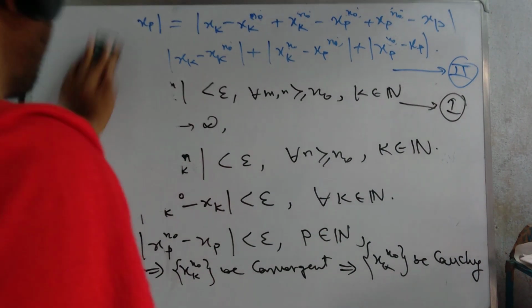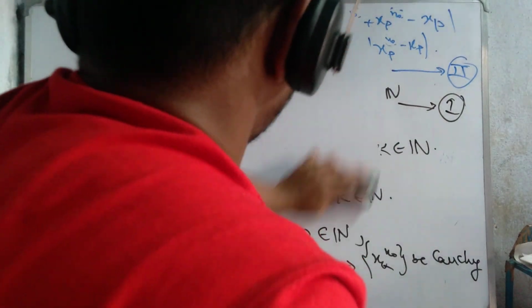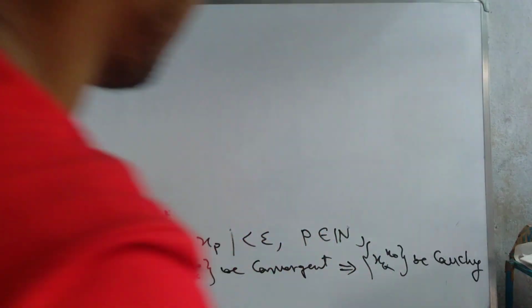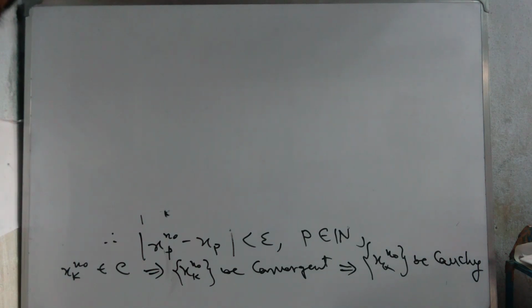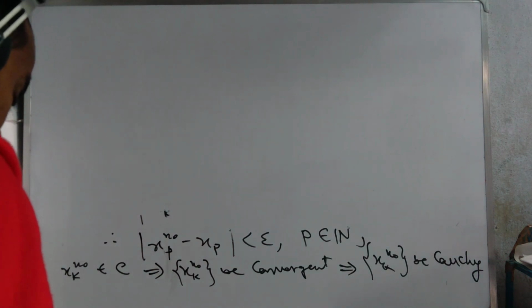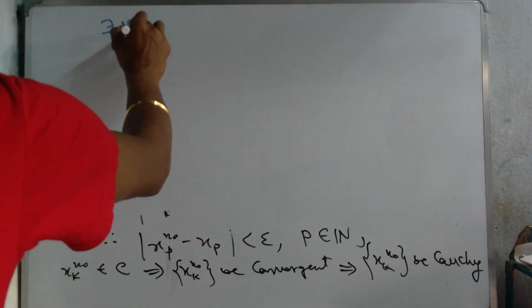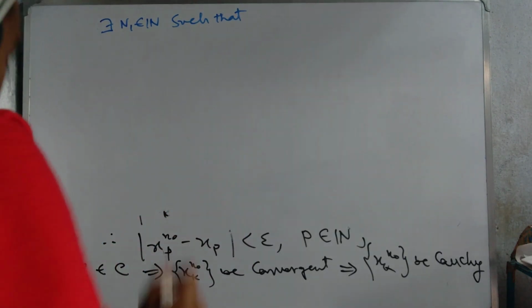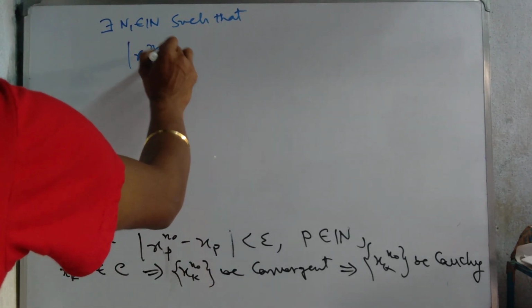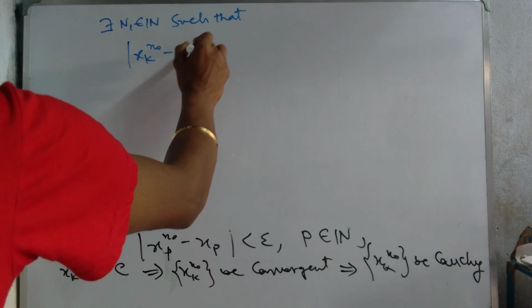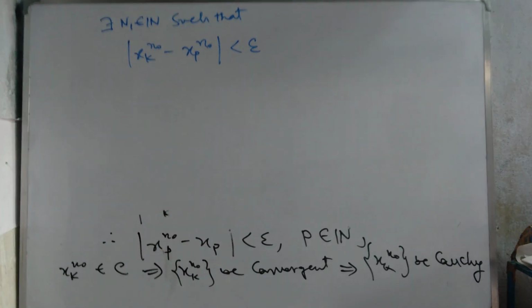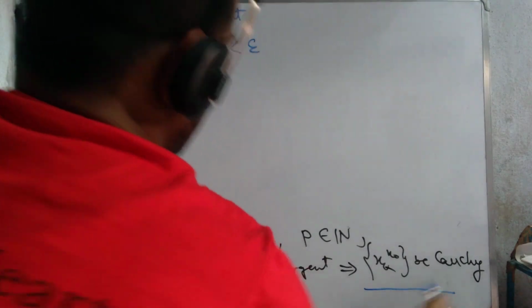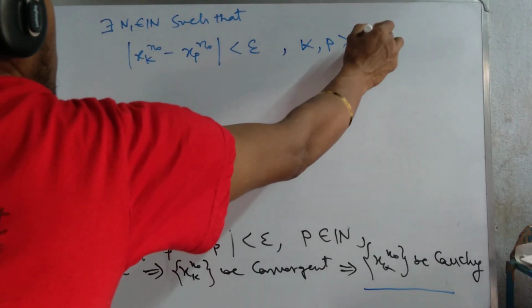Then what happened? We erase some portion and go on to further discussion. So here there exists an n1 belonging to the natural numbers such that |x_k^(n0) minus x_p^(n0)| is less than epsilon, because this one is Cauchy, and k, p are natural numbers with k, p greater than or equal to n1.